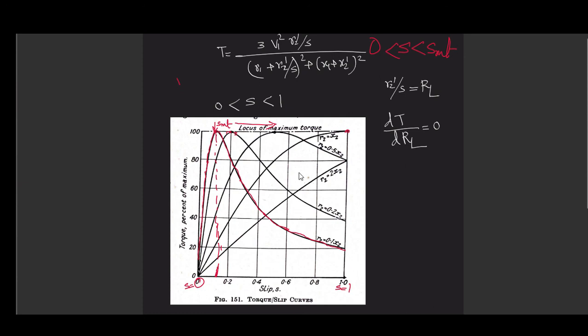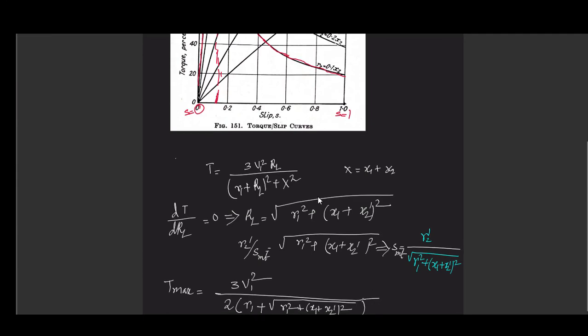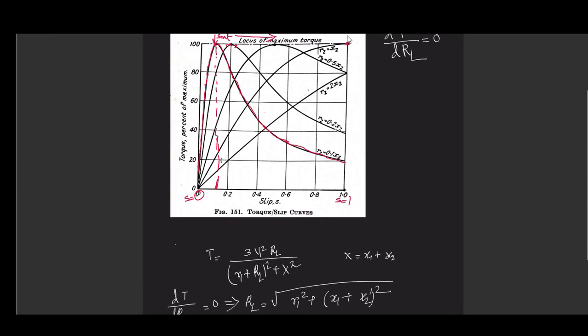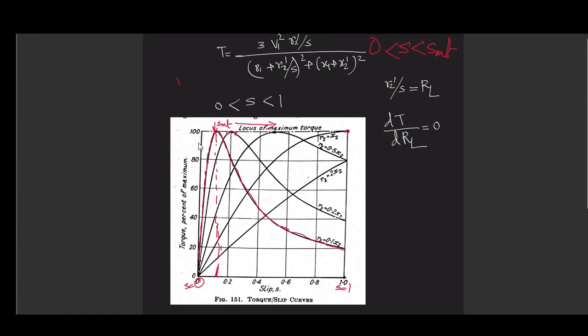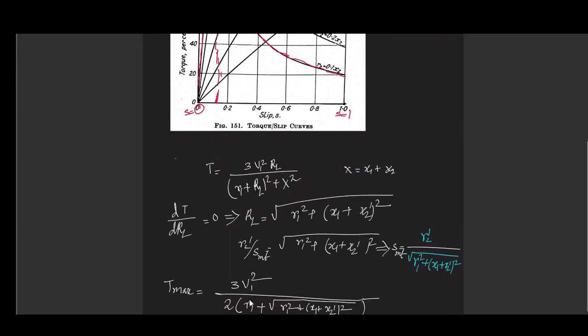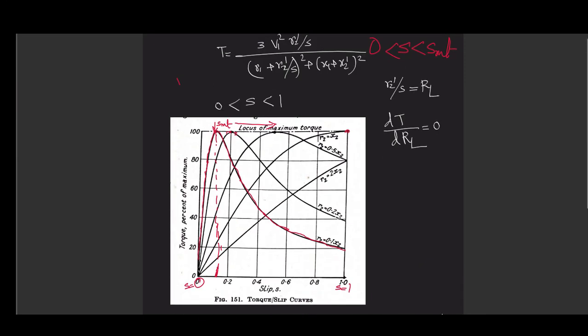So this is why we get this kind of samosa type of structure, and this is the value of maximum torque. One thing that is interesting to note from this diagram is that the maximum torque expression is independent of rotor resistance. So how can we explain it physically?